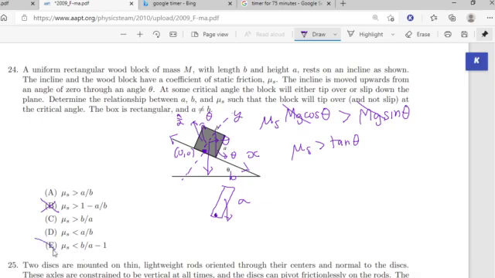This would also be negative. And if it's less than, then it could be anything which is less than. So it could be like no friction, in which case it would slide down. So it's either one of these two.